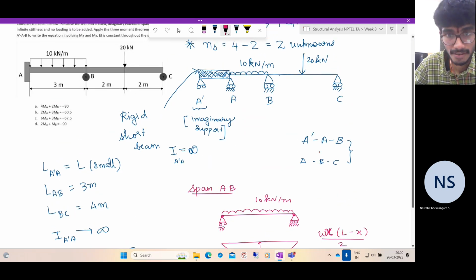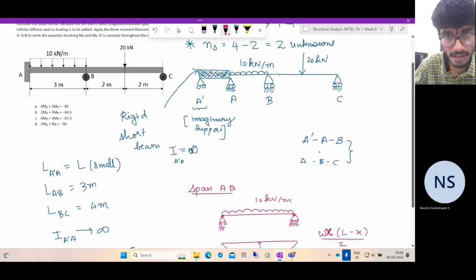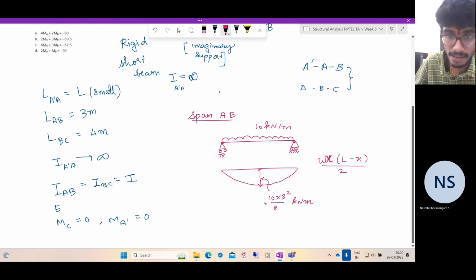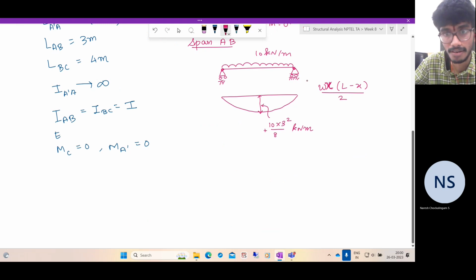Right? So that is simple. This is for the span AB. In span A prime A, everything is 0. Moments are 0.